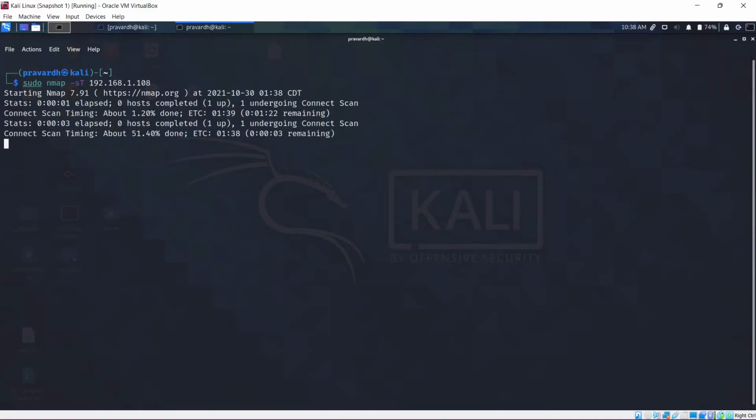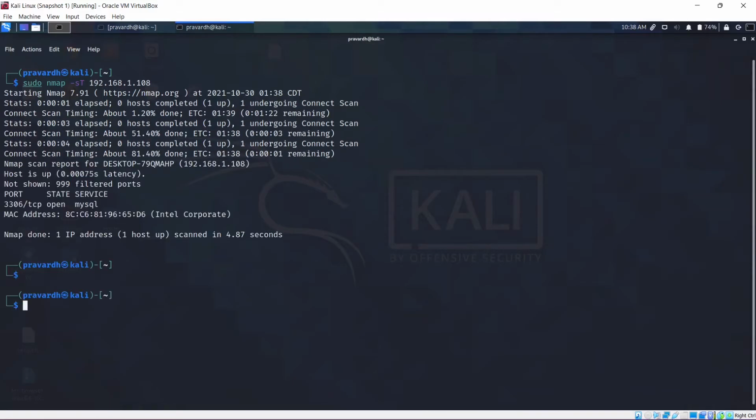And by the way, when you press enter, as the scan is going on, you'll be able to see how much time it took or how much time it's taking, the estimated time remaining, etc. It's returning the same results, so nothing different over here. In the SYN scan and the TCP scan, you usually would get the same results, but at the same time, sometimes the TCP scan could end up returning a lot more ports because you're establishing a complete connection.